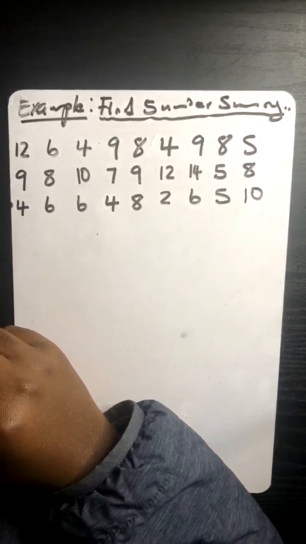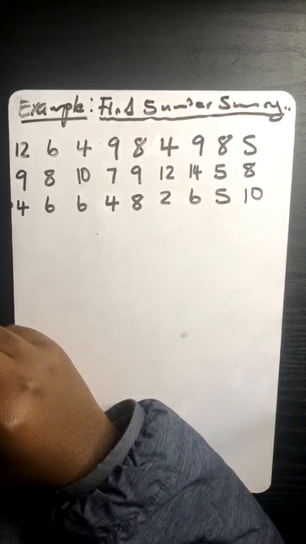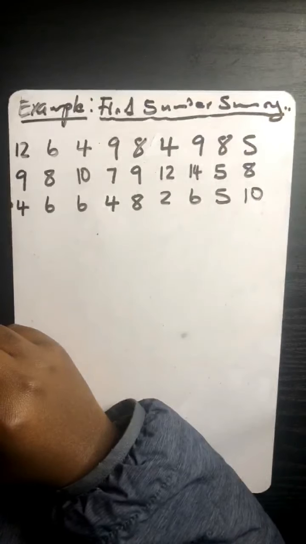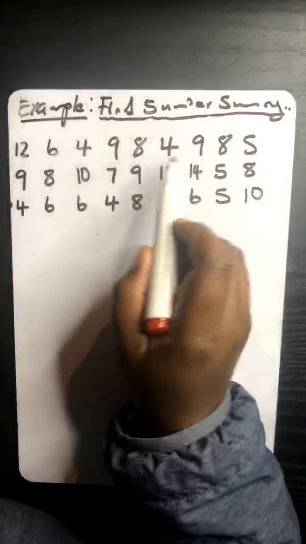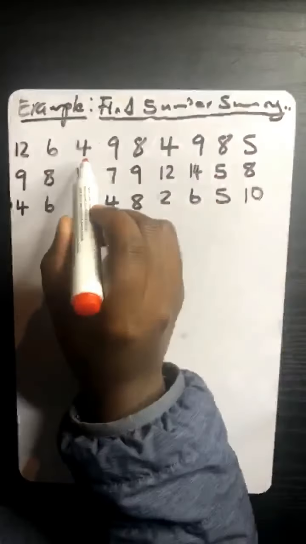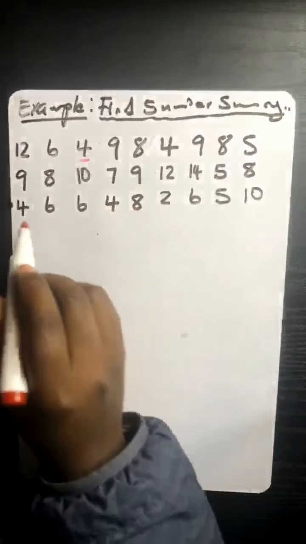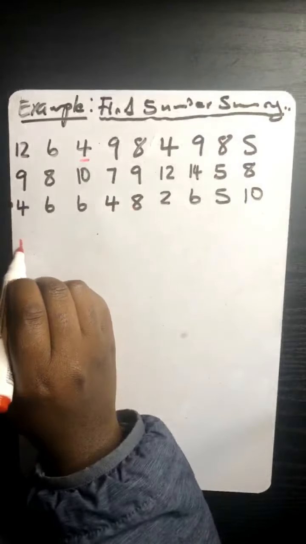Whichever strategy you use, use that strategy. So for me, this is what I've always been doing. I would look for the lowest number. On that first row, I see it's 4. The lowest number is 4. So how many 4s do I have? There, I've got one 4. Then I'm just going to write it with a different color.